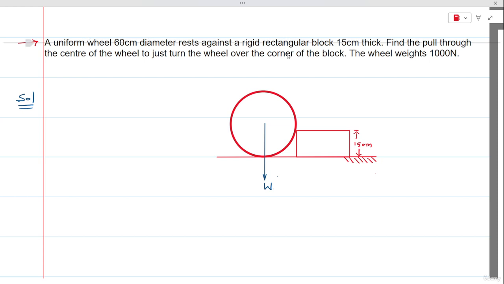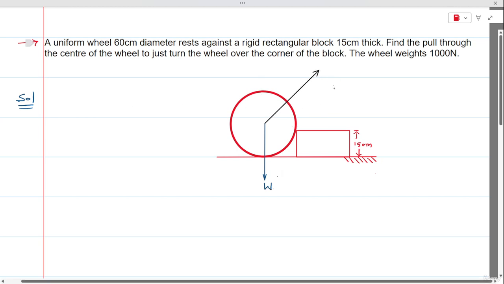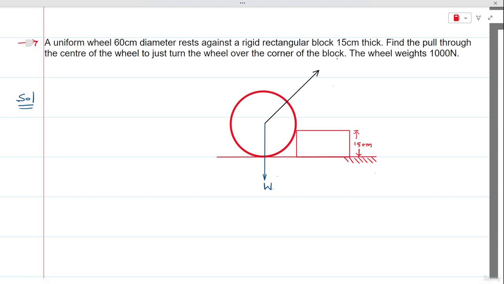And here the orientation of the force that is being applied is not at all given. Let's say that the minimum force we are required to calculate. Let's say this is the force P.